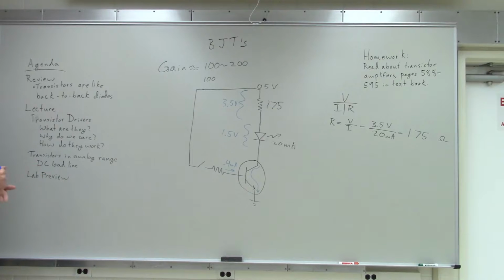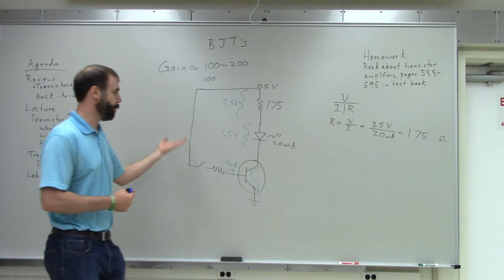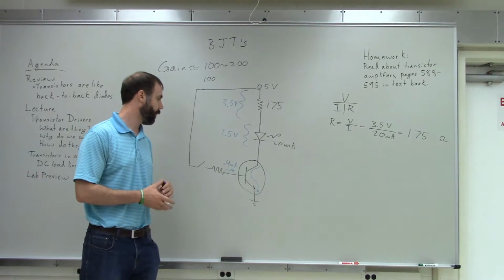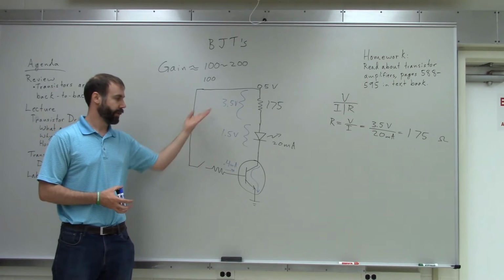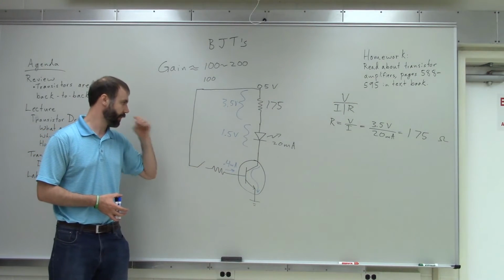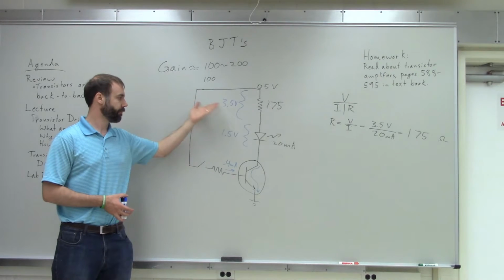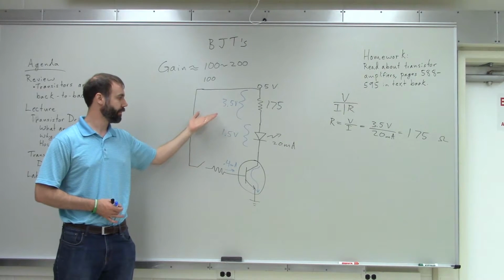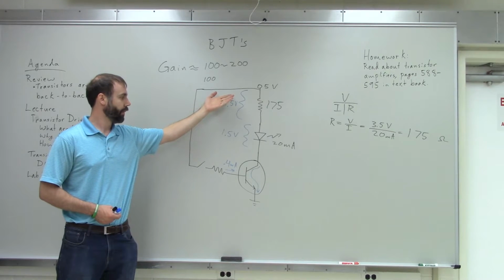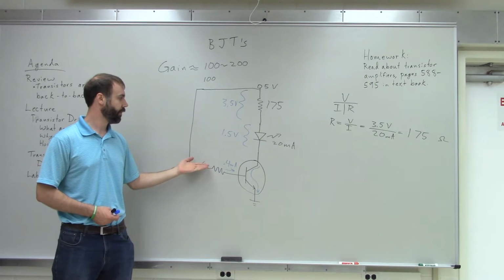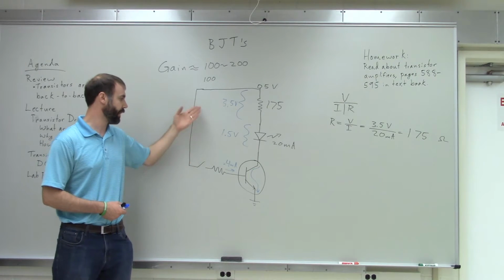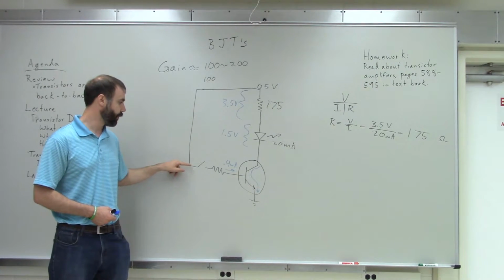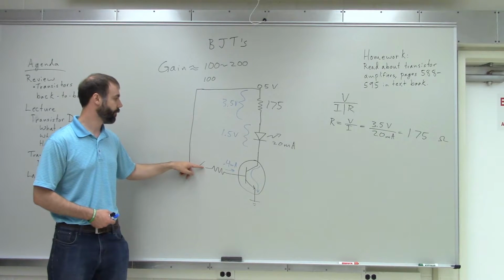So that's a little bit about transistor drivers, and that's what you're going to do for the first part of your lab. I'll go into more detail when we do the lab preview, but for the first couple of circuits in your lab, you're going to be building a setup kind of like this. I think the first one you build something just like this to make sure that it can go on, and then afterwards you do the same sort of thing, but you have a square wave coming in here.